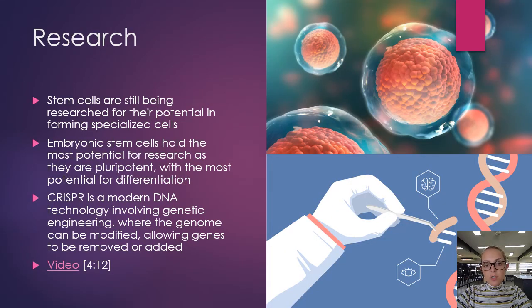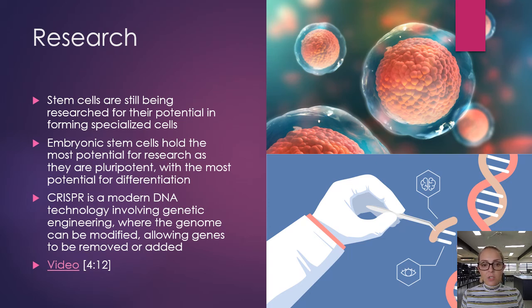Okay, now research is a really interesting one because we're kind of going from trying to achieve pregnancy to medical research and medical advancement, which is where a lot of the ethical concerns come into it, because where do we draw the line with what's okay and what's not? Now, stem cells is a really good example of this, and you might remember from year 11 that the embryonic stem cells are the ones that have the most potential to differentiate into specialized cells.